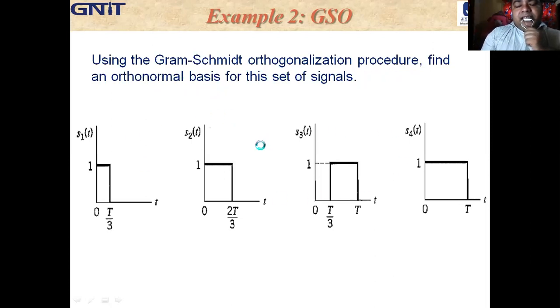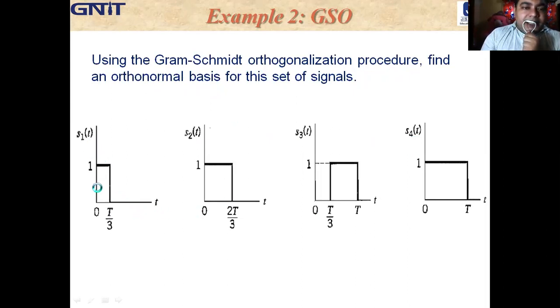Here in this problem, 4 signals are available, which are represented as S1(t), S2(t), S3(t) and S4(t).